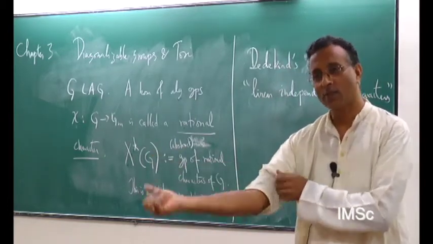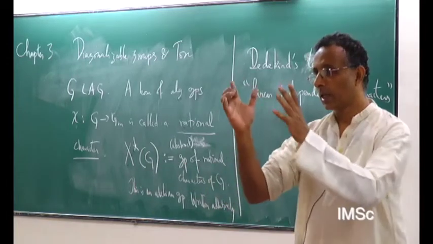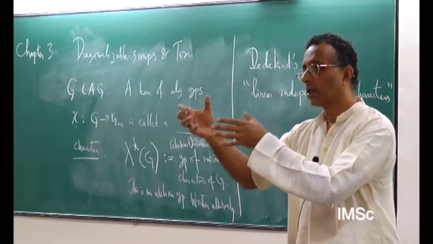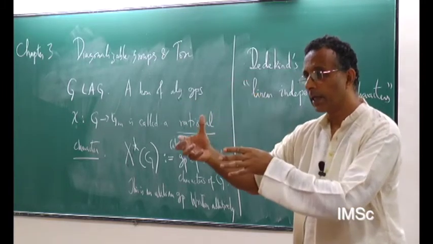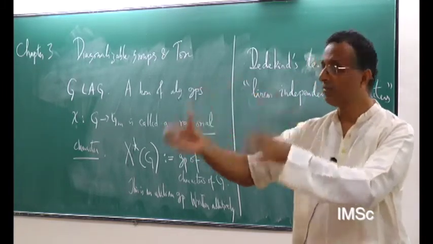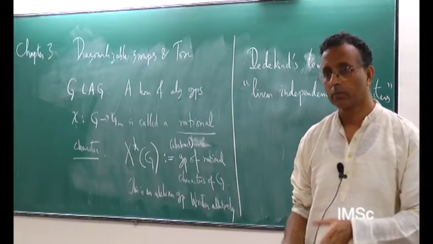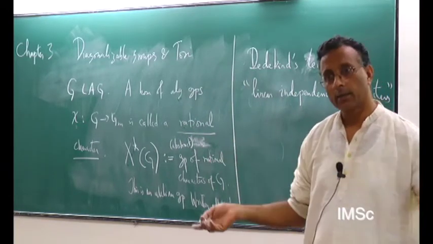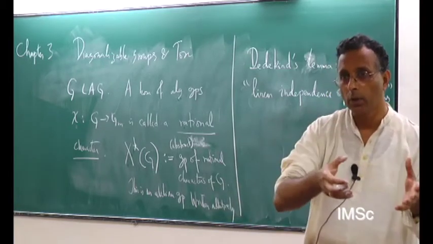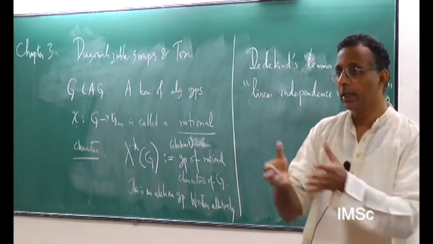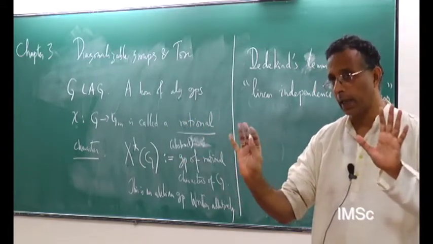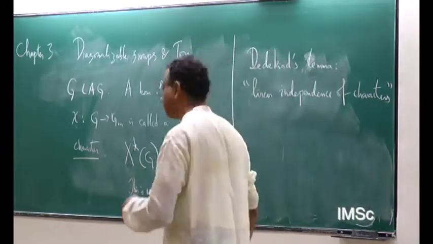Okay, it says the following: take an abstract group G, and take the multiplicative group K star of non-zero elements of any field K. Now I consider characters from this abstract group G to K star, which are just group homomorphisms, not just rational characters, just arbitrary characters.